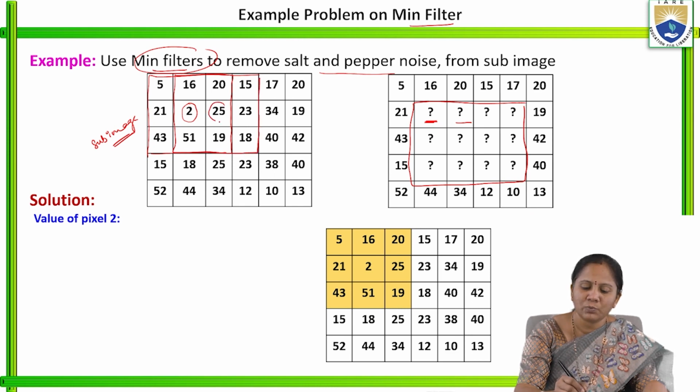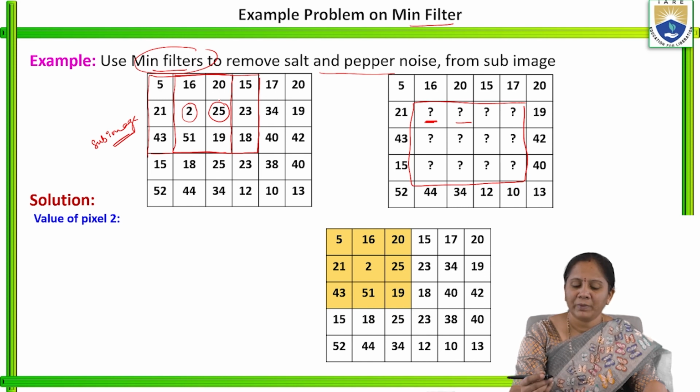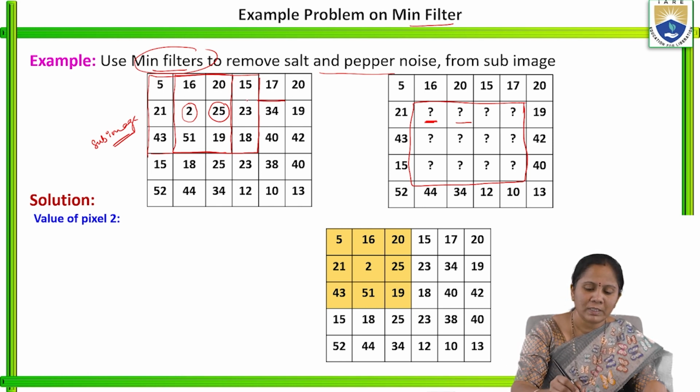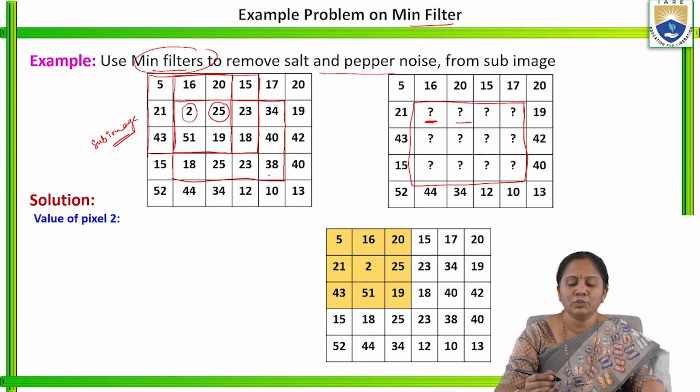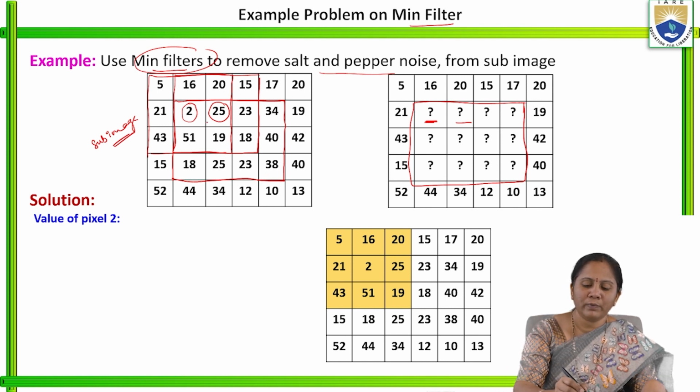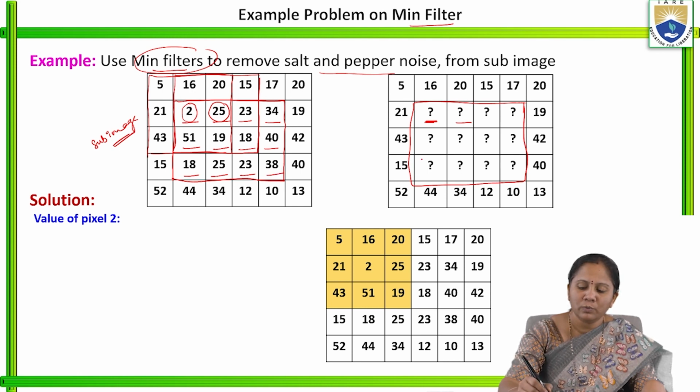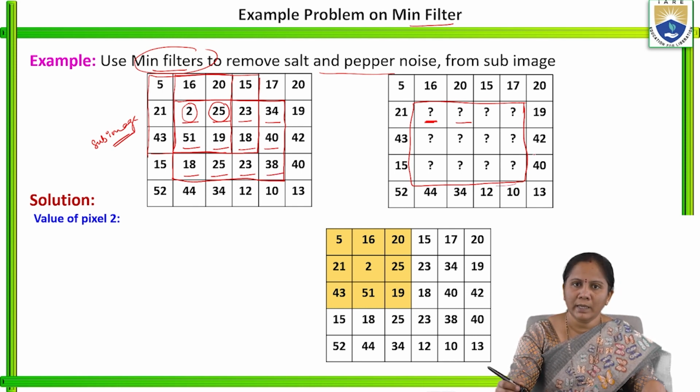For this mask, 25 becomes the center pixel, and all these are the values we need to find. This is the region where all the new pixel values should be replaced. So we have to find the new pixel values for 2, 25, 23, 34, 51, 19, 18, 40, 18, 25 and 23, 38, and all should be replaced in this area.